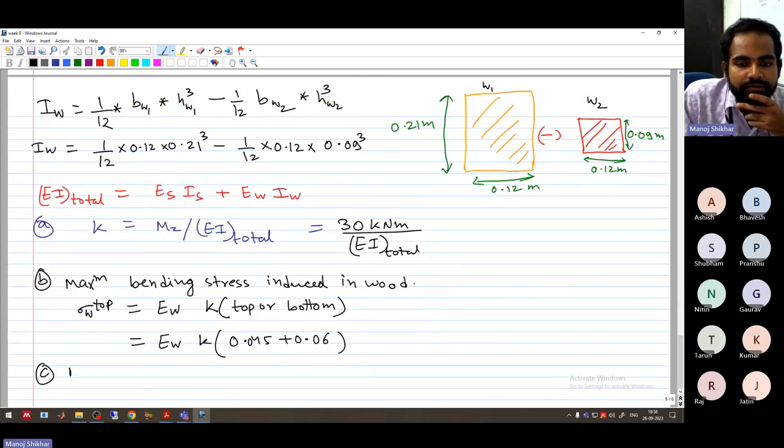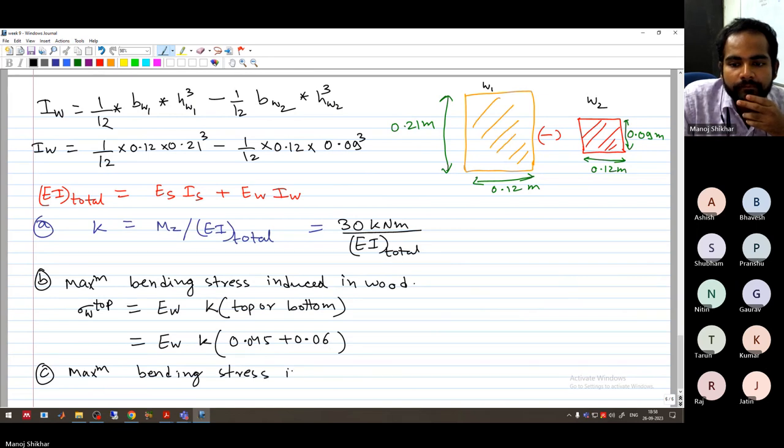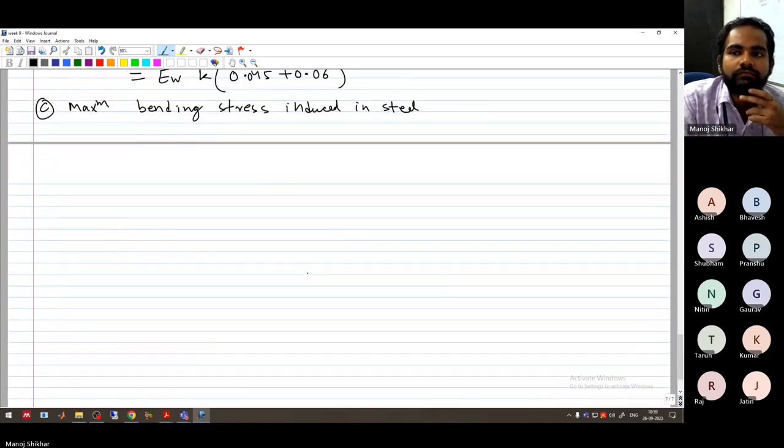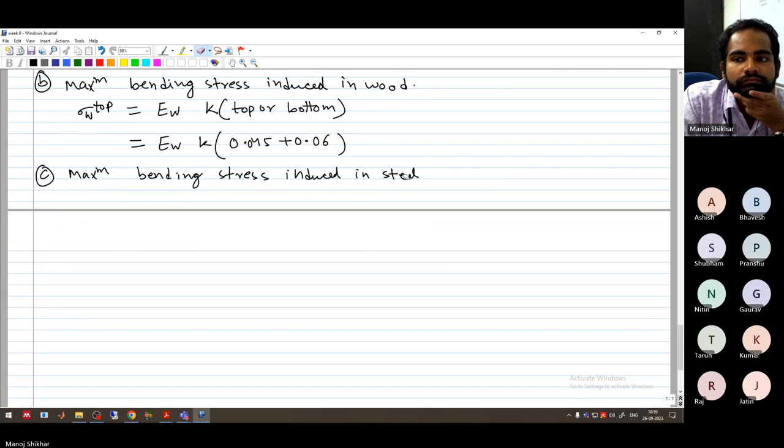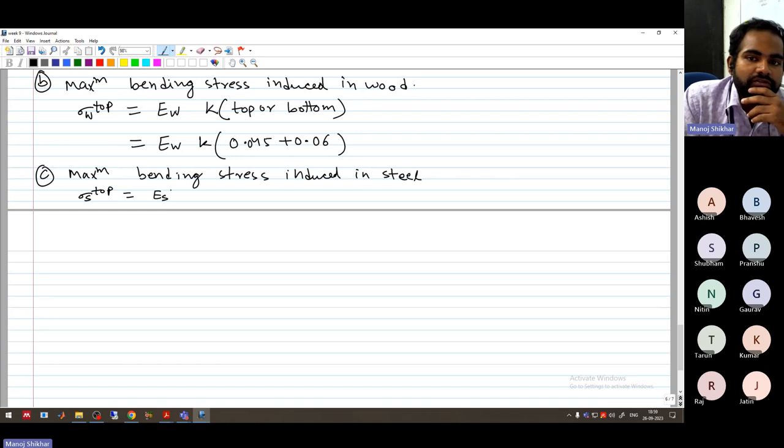Similarly, the maximum bending stress induced in steel is sigma S top equal to ES, the Young's modulus of steel, into kappa at top or bottom.